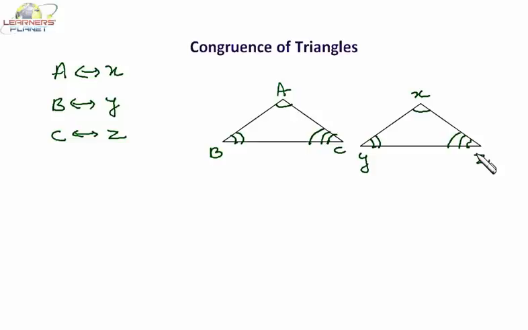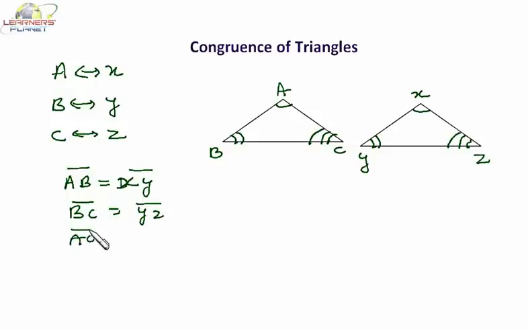So we just can write all the 6 elements over here once again. It's line segment AB should be equal to line segment XY, line segment BC should be equal to line segment YZ, and line segment AC should be equal to line segment XZ.